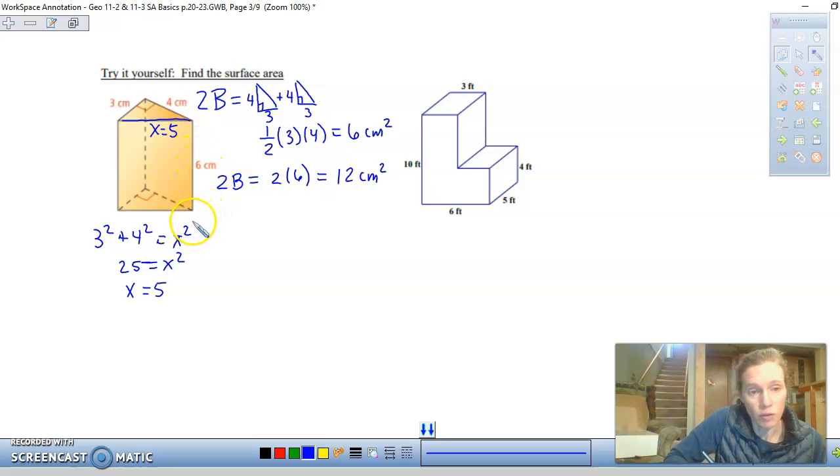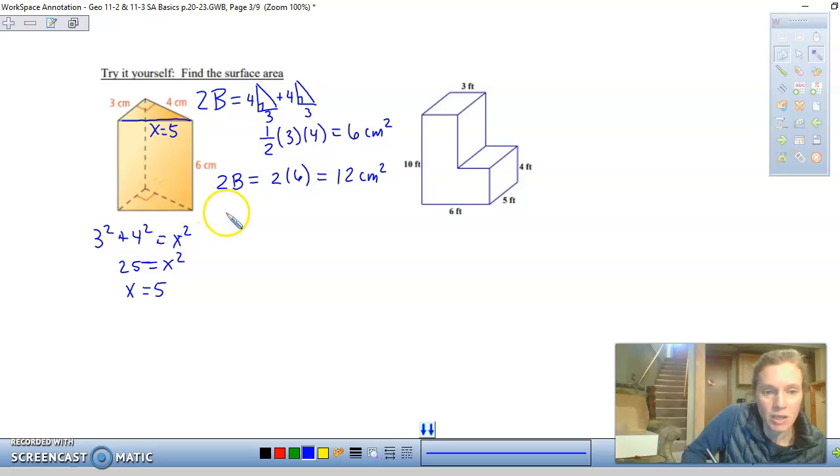Now, you just have to be careful because there are 3 different rectangles in this case. So my lateral area is going to be, this side over here is 3 by 8, or sorry, 3 by 6.